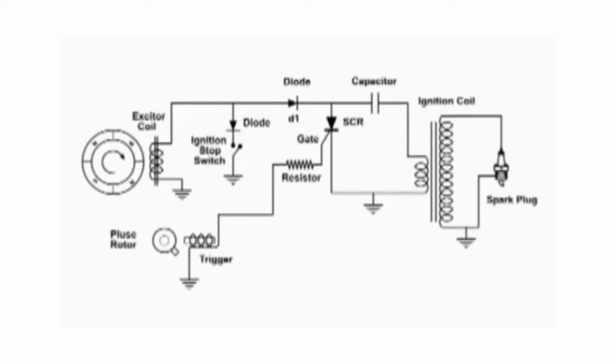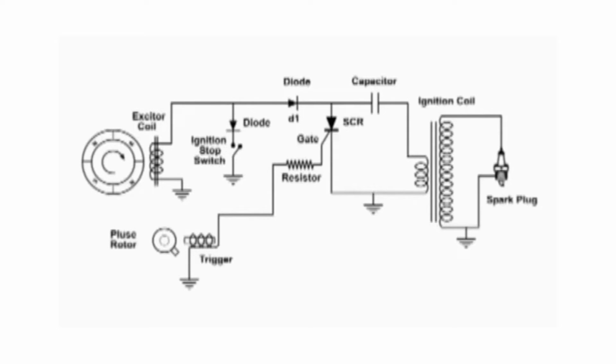When that's closed, it basically shorts out the voltage that would charge the capacitor. To the right of that is the diode, D1. That diode is the one that lets the voltage through that charges the capacitor to the right.